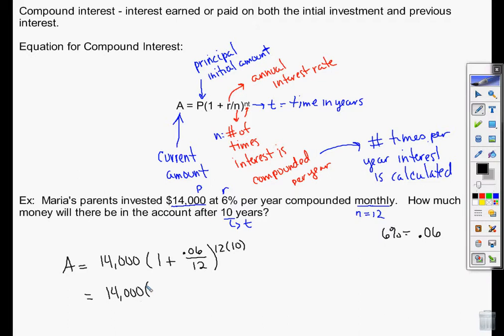So 0.06 divided by 12 is 0.005. And then that's to the power of 120.